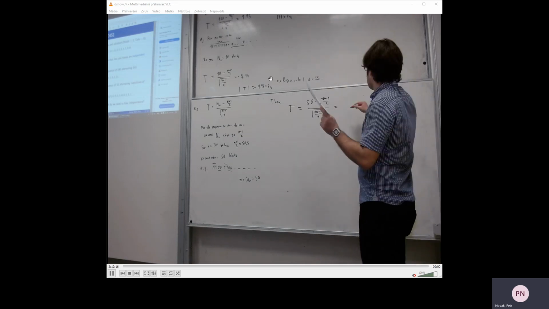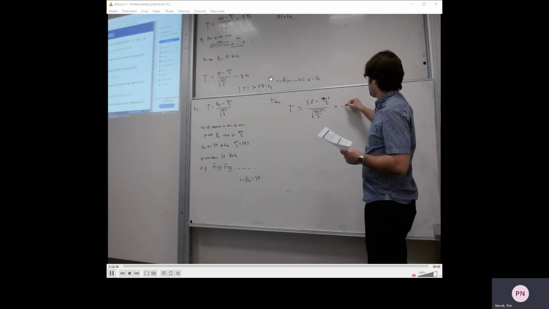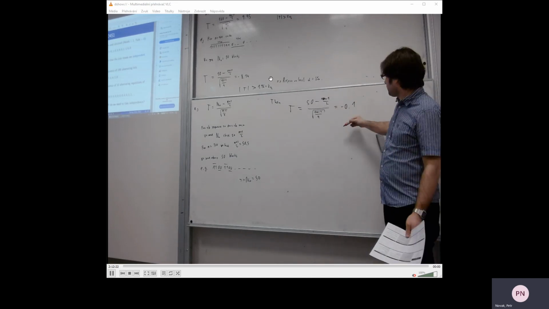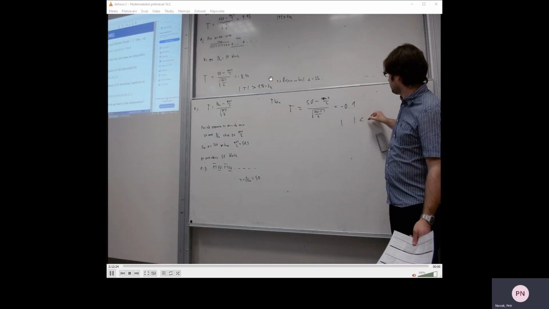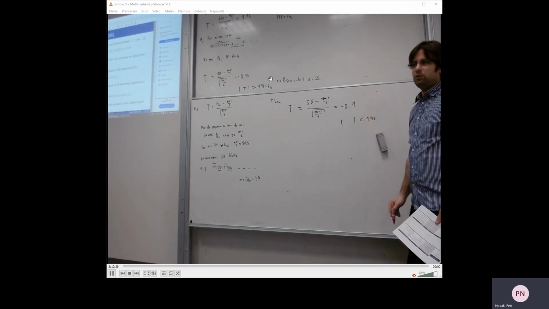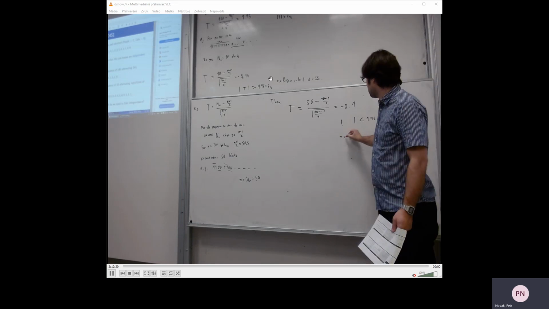This is minus 0.1, and the absolute value is pretty much smaller than the critical value. So we do not reject independence.